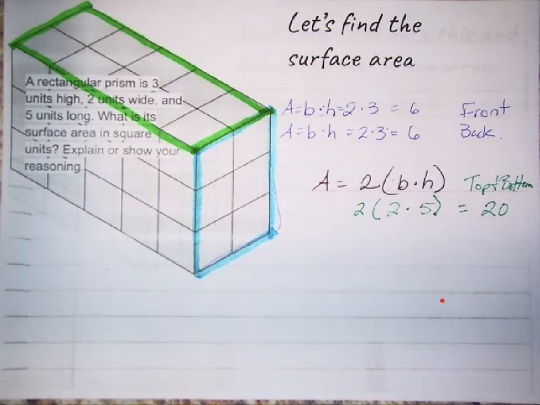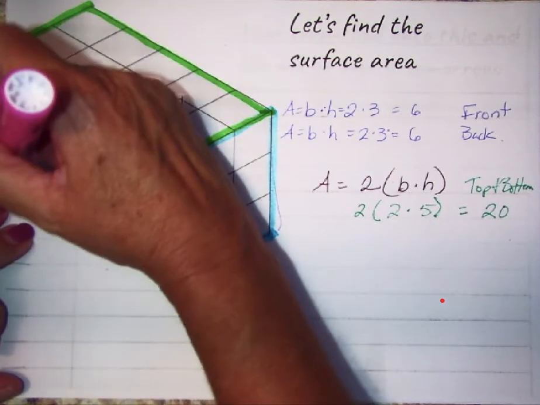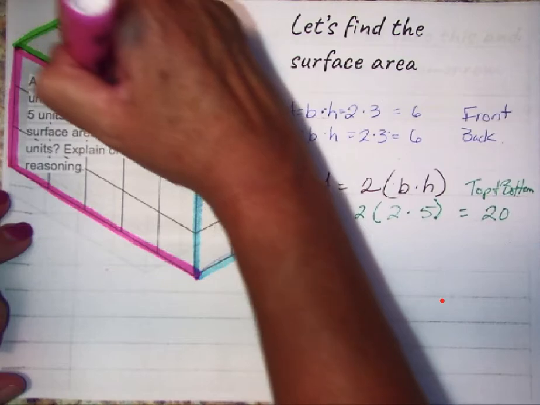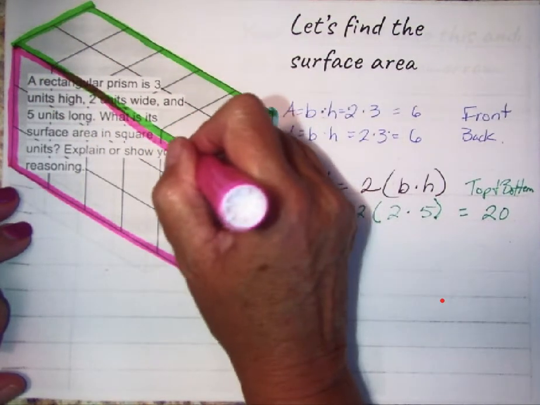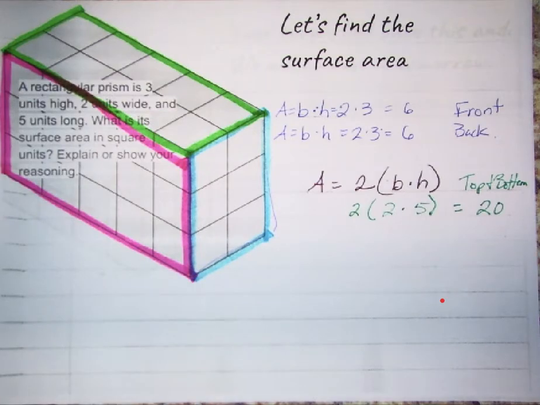So now I just have the two sides to do. Now I have the left side and the right side. You can use that little formula that I just showed you, multiply the 2 times the base and the height, or you can work it all out. Totally a personal preference.